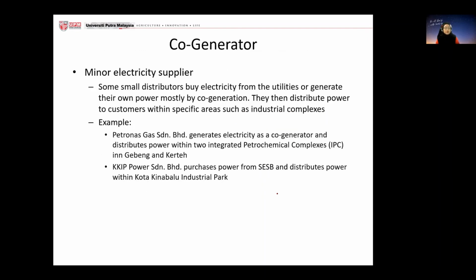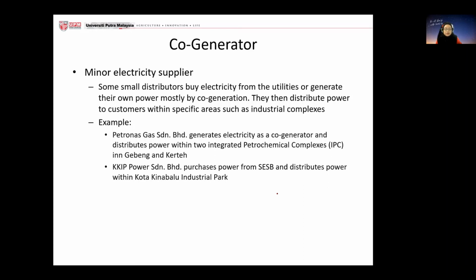Apart from IPP, we do have co-generators, which are minor electricity suppliers. Some small distributors buy electricity from the utilities, or they also generate their own power, mostly by co-generation. They then distribute this power to customers within specific areas such as industrial complexes.